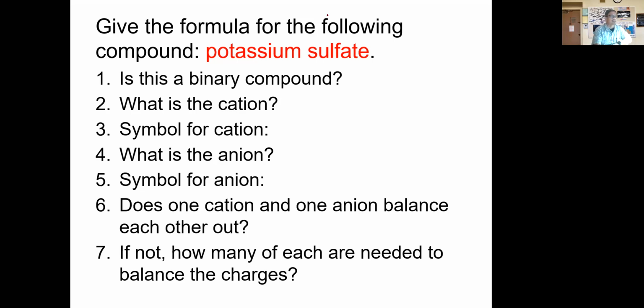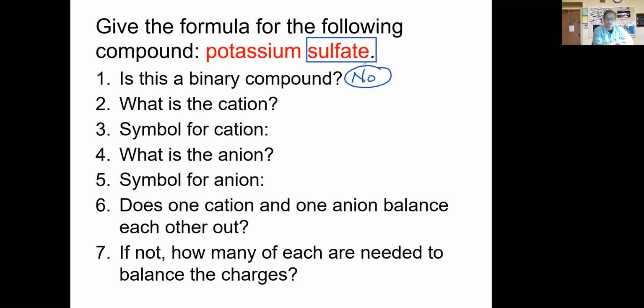It comes down to you memorizing the polyatomic ions. If you had memorized them, you would see that sulfate is the name of a polyatomic ion. So if this is a compound with a polyatomic ion, it definitely cannot be a binary compound.